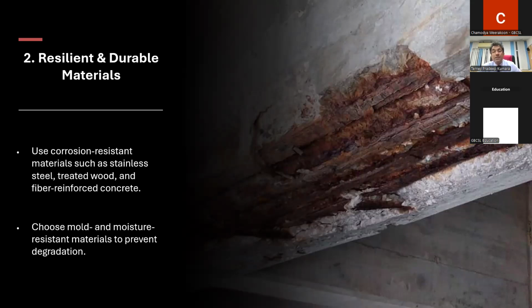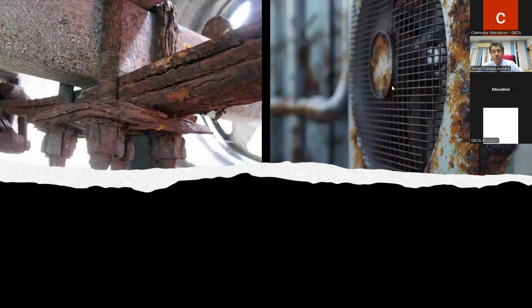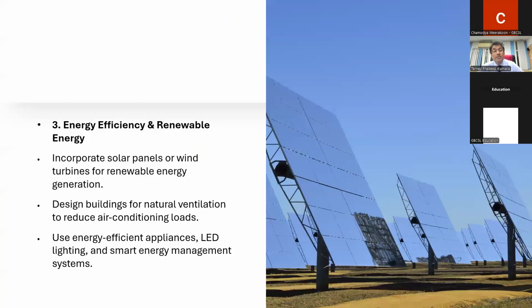Even your air conditioners, you will lose your air conditioners in months, right? So that is the main problem you have to tackle when you think about green development, the developments in the coastal areas.